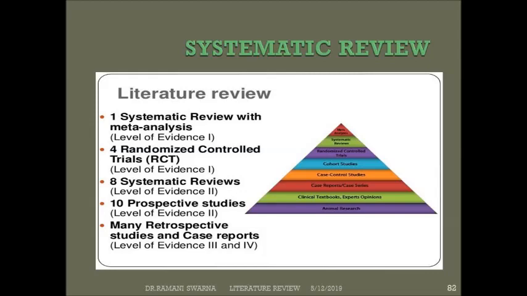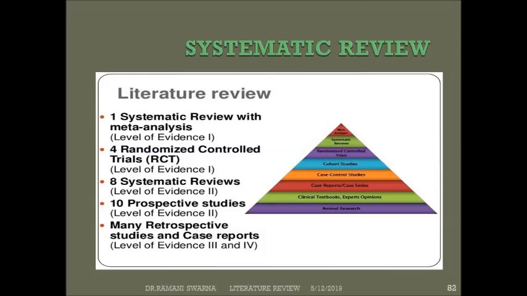From there we come to 4 randomized controlled trials, RCTs, that's level 1. And the last one is 1 systematic review with meta-analysis. Now how that meta-analysis is done is another question, and we will be discussing that at length with the help of quantitative analysis.